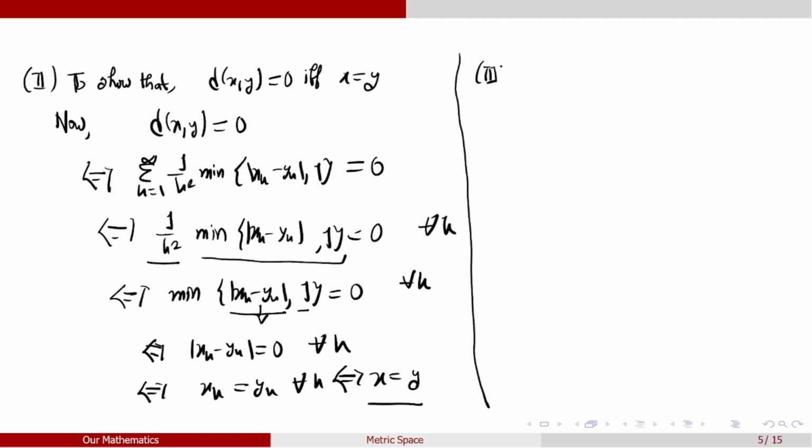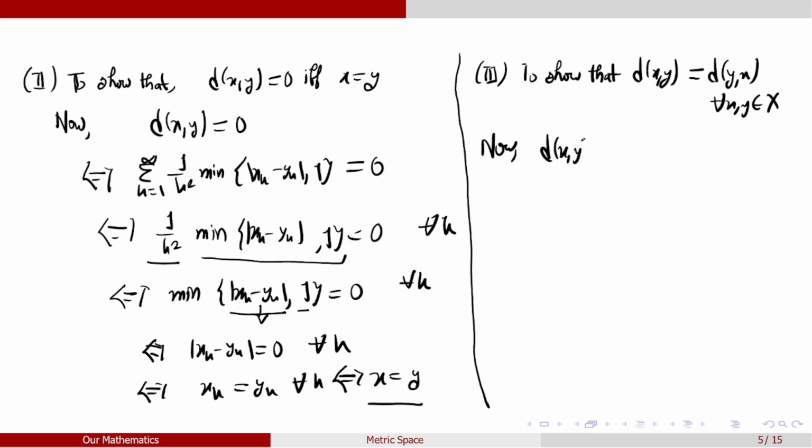Now let's move to the third property, which is very easy to prove. This is the commutative property, to show that d of x comma y is equal to d of y comma x for all x comma y in capital X. Now d of x comma y is equal to summation k is 1 to infinity 1 by k square minimum of |xk minus yk|, 1.